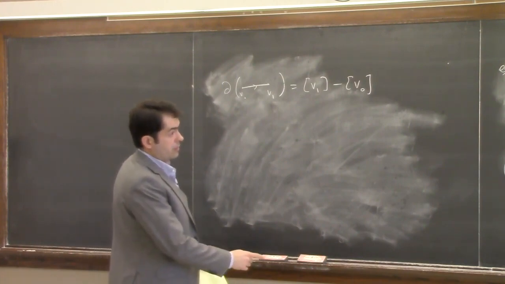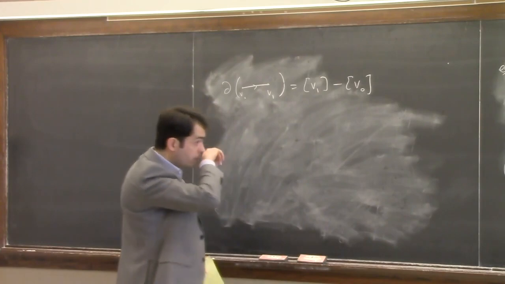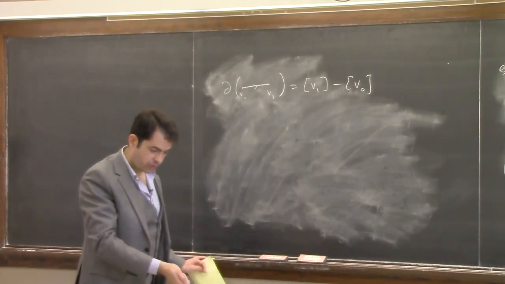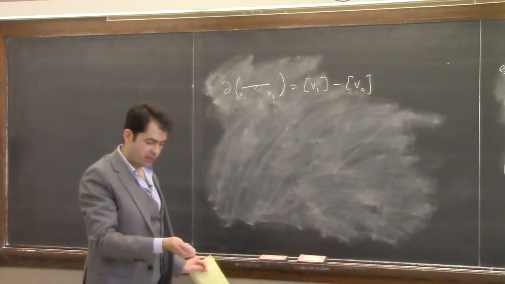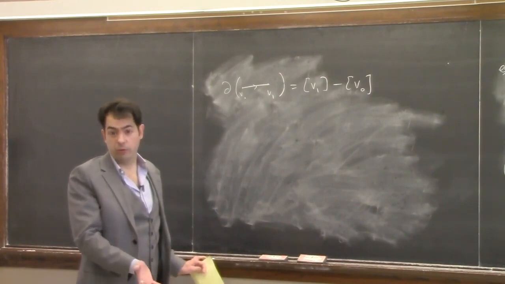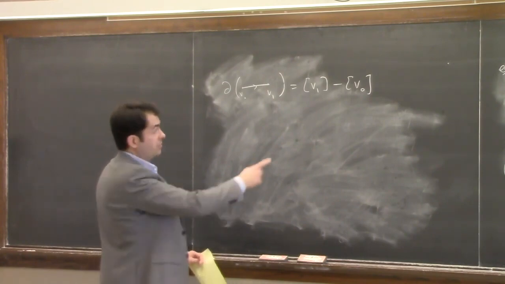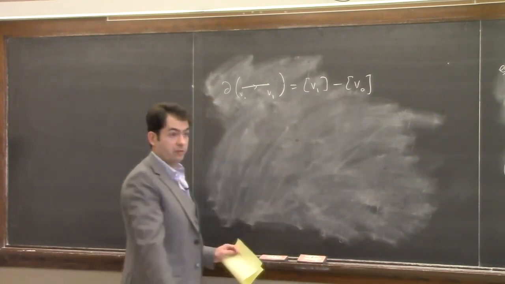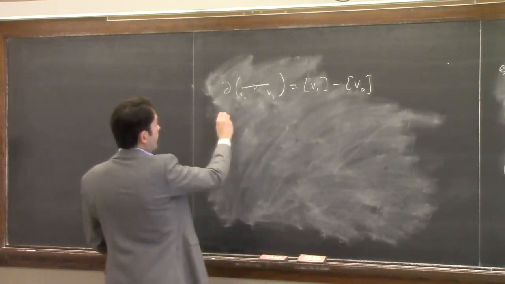And so I'm adopting the notation of describing a simplex by describing the vertices in order. This is a 0 simplex, so I just have to tell you the vertex.